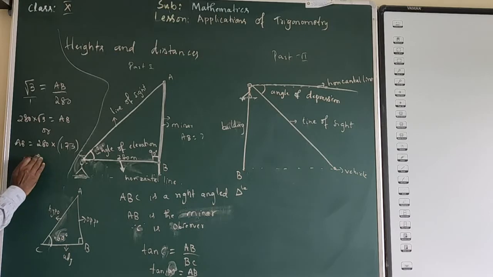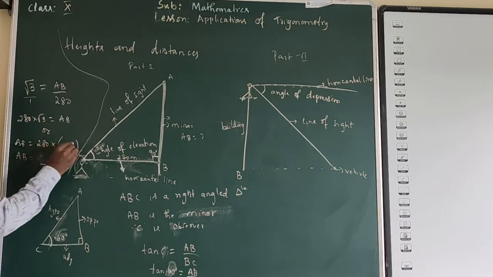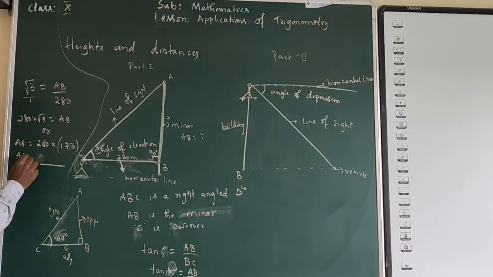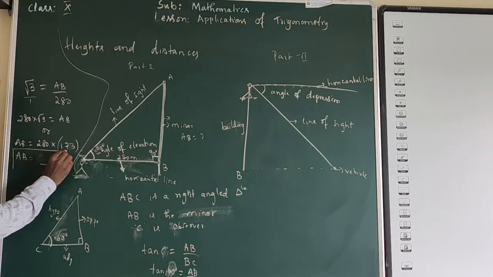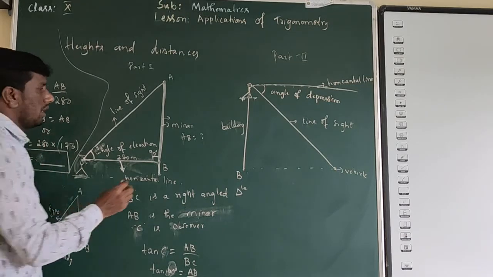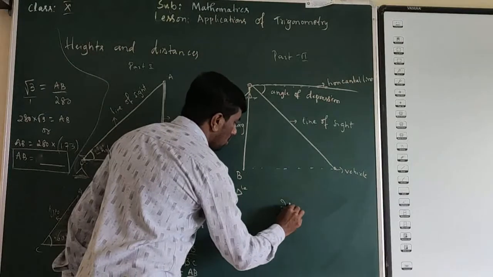So 280 into 1.73. You have to multiply that and write the answer. What is 280 into 1.73?